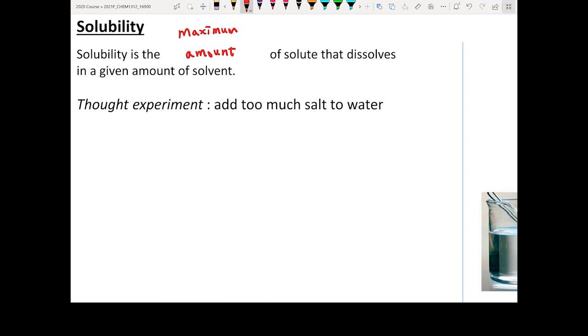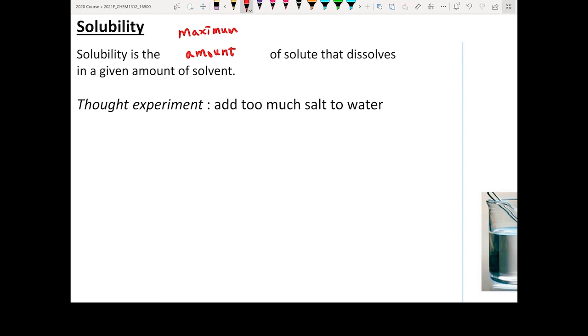So how do scientists determine the solubility? They do an experiment. I take a given volume of solvent and start to throw in my solute. Once I throw it in, I stir. If it becomes transparent, I know I haven't reached my maximum.